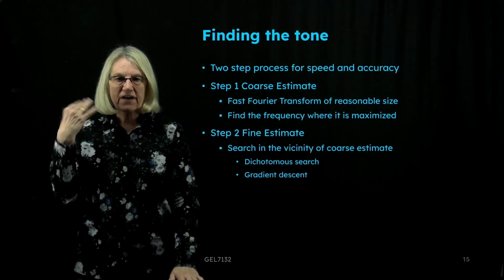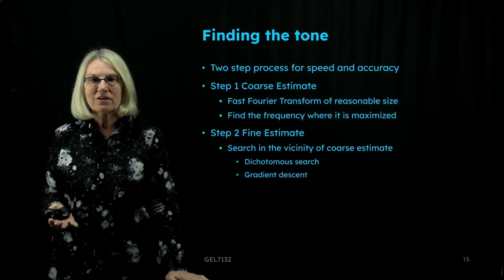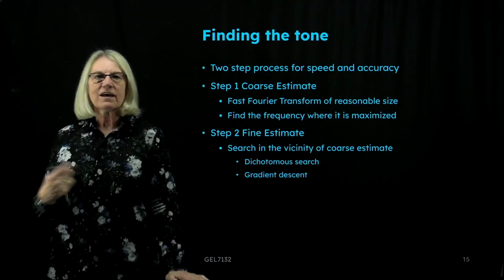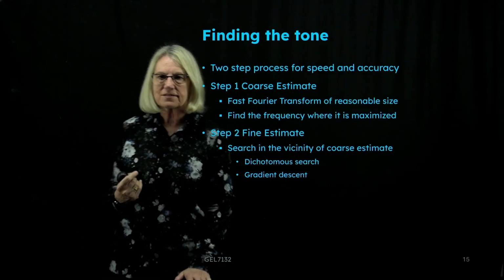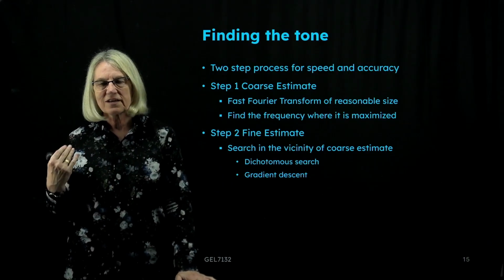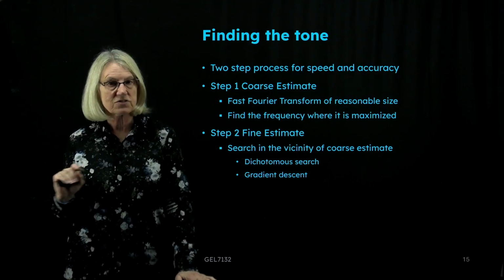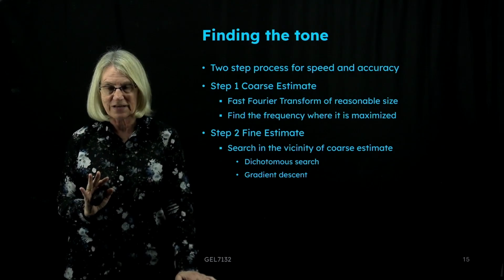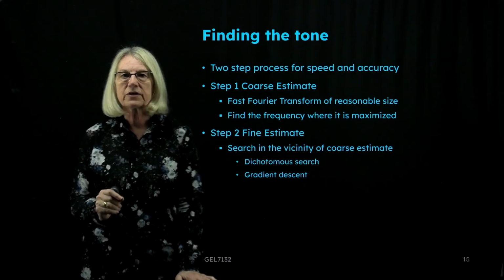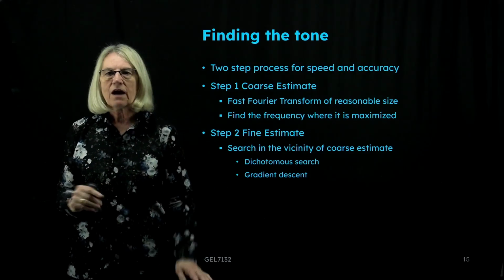So when I want to find out where that tone is, because I want to get rid of it, it's a 2-step process. It's 2 steps because that increases the speed, so it doesn't take so long, and it also increases the accuracy. Step 1 is to do a coarse estimate. The coarse estimate uses a fast frequency transform of a reasonable size.